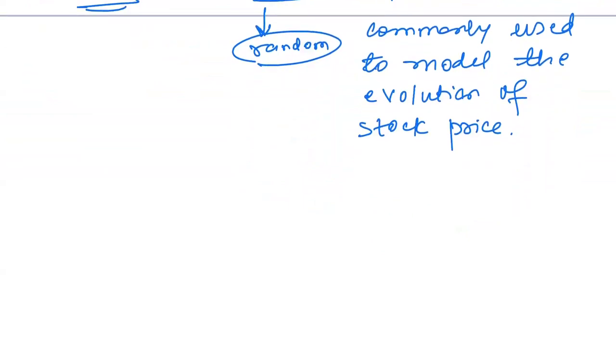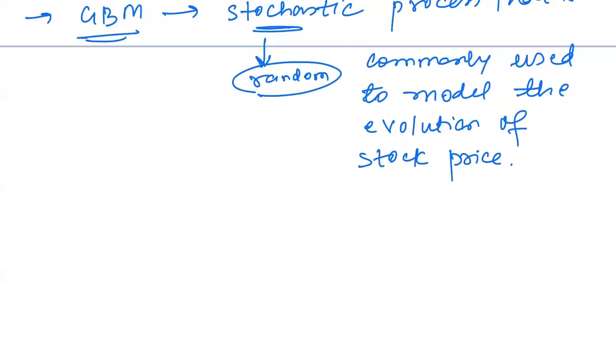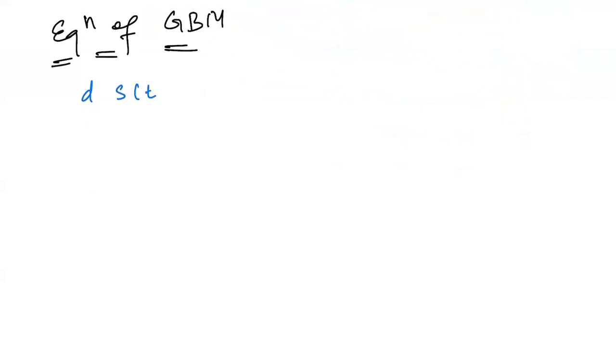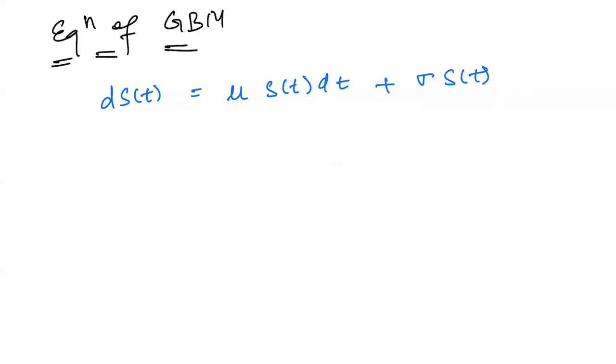So there will be an equation for the stock price. The equation of geometric Brownian motion is dS_t = mu S_t dt + sigma S_t dW_t.